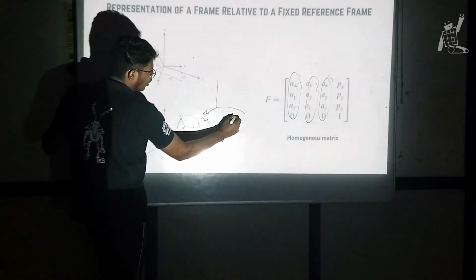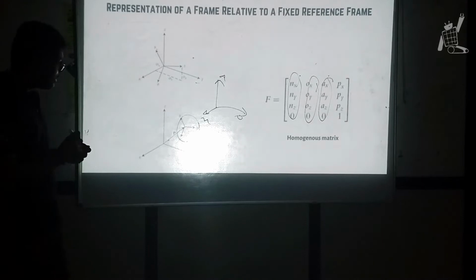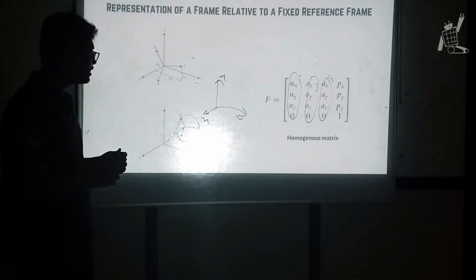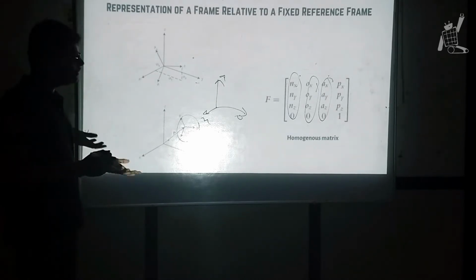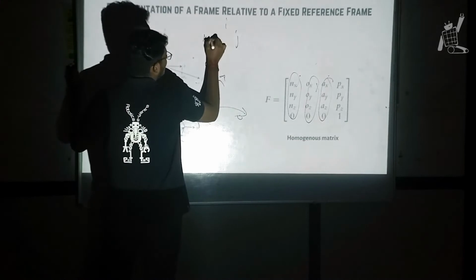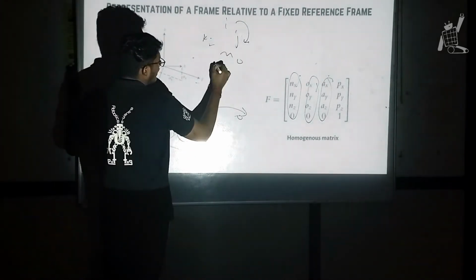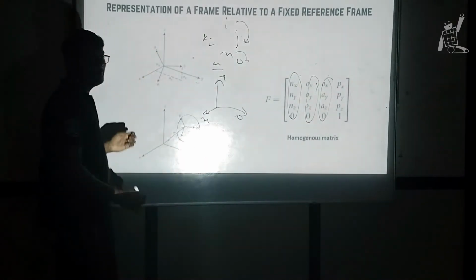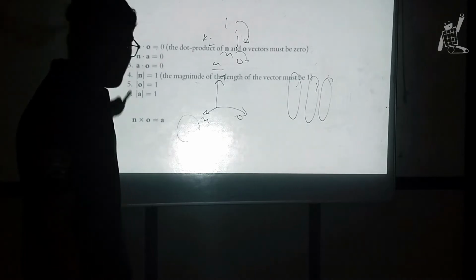So N, O, A: N dot O will be 0 as the angle between them is 90 degrees. N dot A will be 0. Similarly, A dot O will be 0. And we all know that I cross J will be K. Similarly, N cross O will be A. That is also possible.